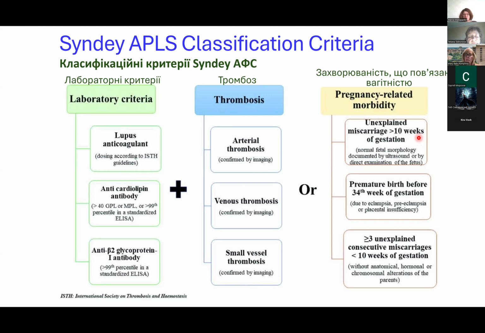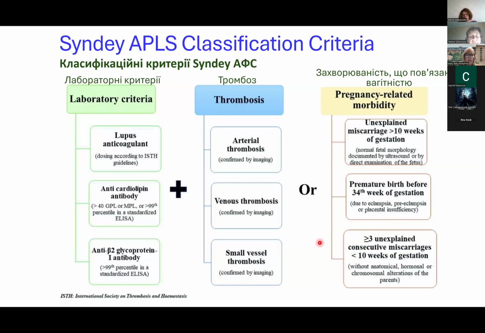The second kind is that you have premature birth before 34 weeks. And this is usually due to eclampsia or preeclampsia or placental insufficiency because the placenta gets a lot of clots in it. And then the third way that you can meet this criteria is if you have 3 or more consecutive miscarriages in the first trimester.